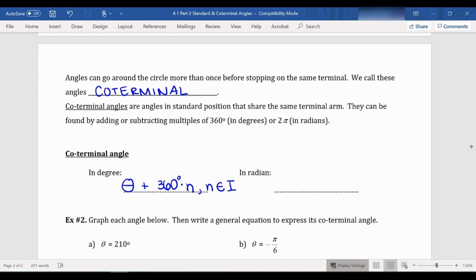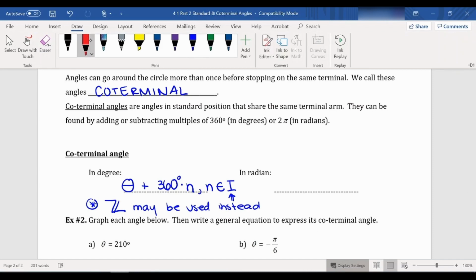So you may be using a Z with 2 lines instead. You're probably used to writing an R with 2 lines for all real numbers when you're talking about things like domain and range. For us, we're using this to represent integers.